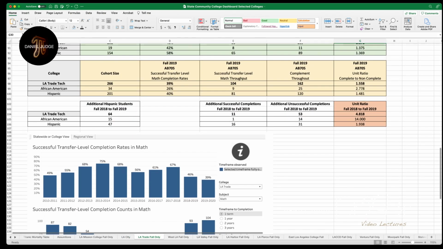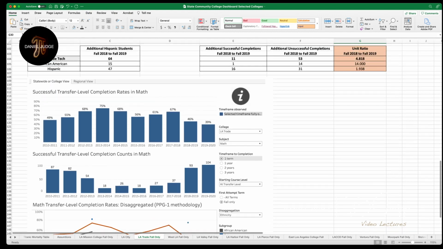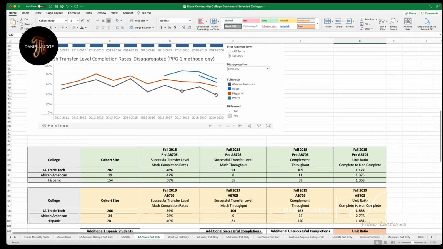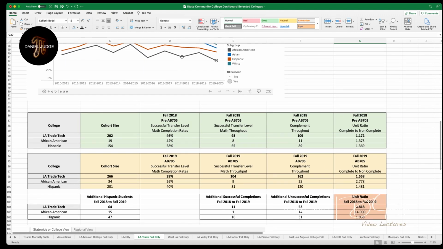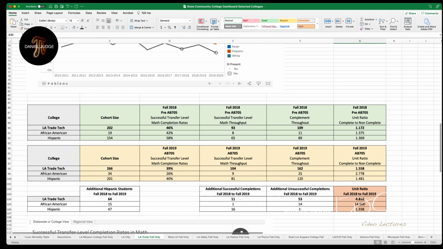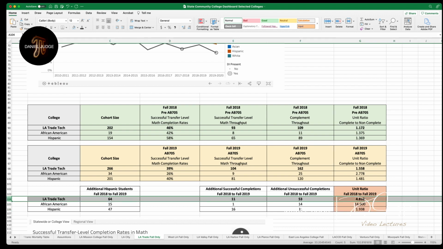Let's look at trade. LA trade. Let me find it if you want to look at LA trade here. Look at the unit ratios. For LA trade, right here, that first column, they have 64 students who got access. These are the best students again.